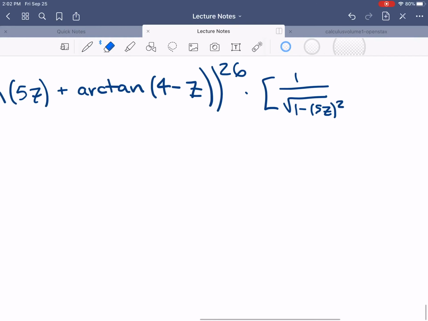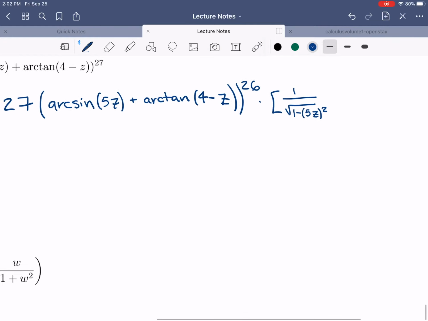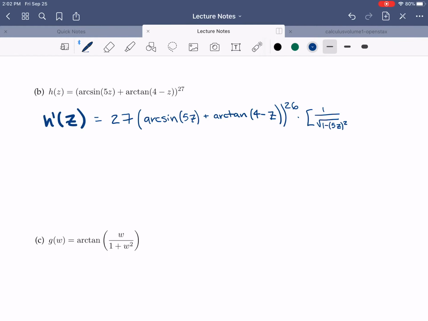But now I have to also take the derivative of 5z, which would be 5. So I'm going to change this numerator to be 5. So this part is the derivative of arcsine of 5z.